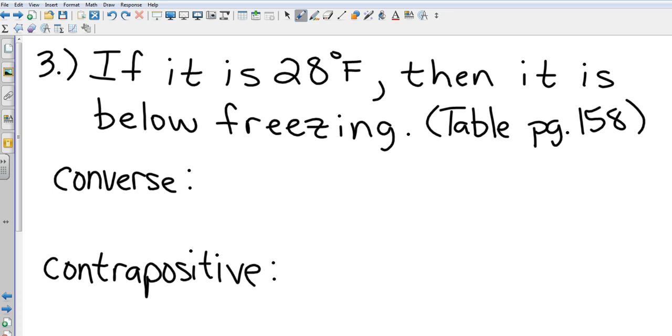Okay, so our statement is if P, then Q. That's the very first statement. So the converse is going to do what to it? The converse is just going to flip it.